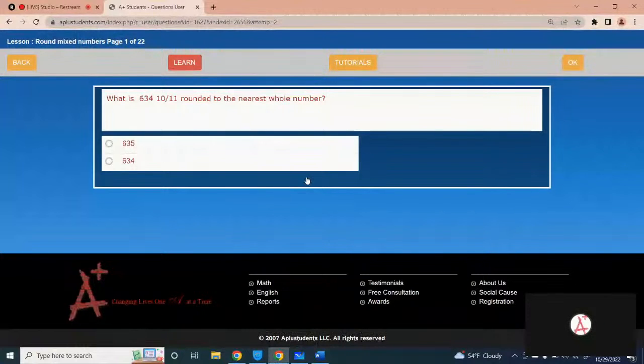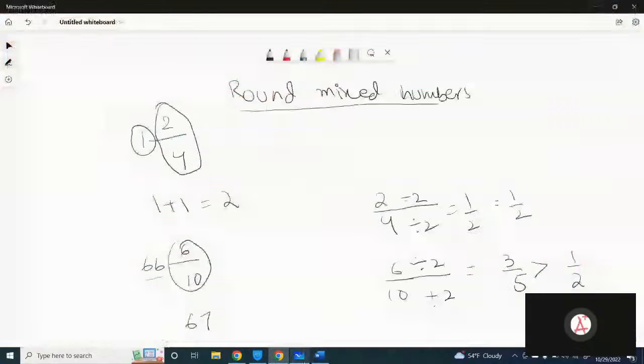Yes, sure, we can do practice questions. This way you'll get the concept. Got it? If you need more help, just let me know right after the first question. Got it? Let's start with 634 whole 10 by 11.